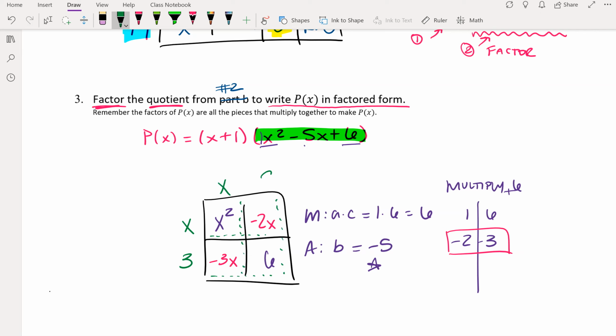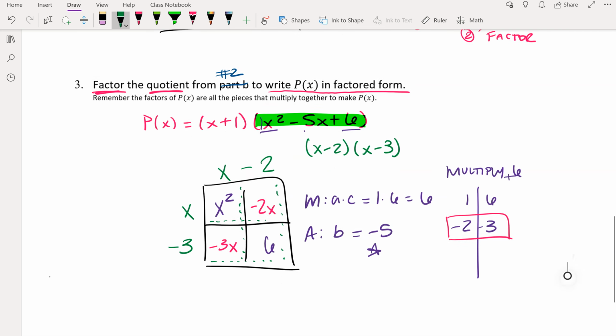The GCF in this line is 2. We have to double check, do they multiply to the right thing? X squared, yes. 3 times x, -3x, no. So that needs to be negative. But then -3 times +2 would give me -6. So to get the right thing, we would have another minus. Okay, so this thing highlighted in green is the same as x minus 2, x minus 3.